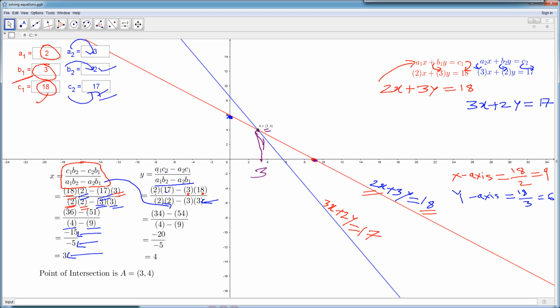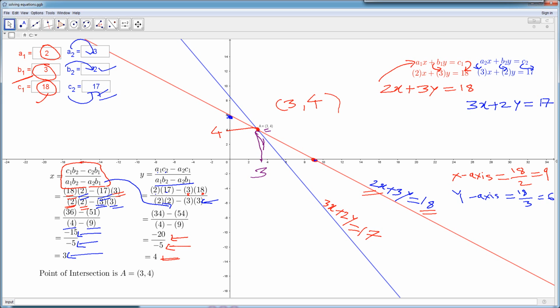That is 34 minus 54 upon 4 minus 9, which comes as minus 20 upon minus 5, and this is equal to 4. So y coordinate is going to be 4. So this is going to be 4 and x coordinate we obtained is 3. So the point of intersection is 3, 4. The answer that we obtained is 3, 4. Value of x is 3 and value of y is 4.